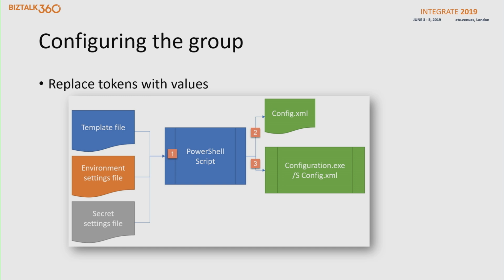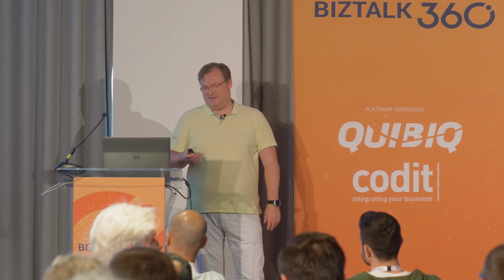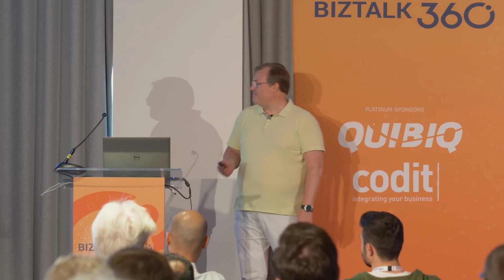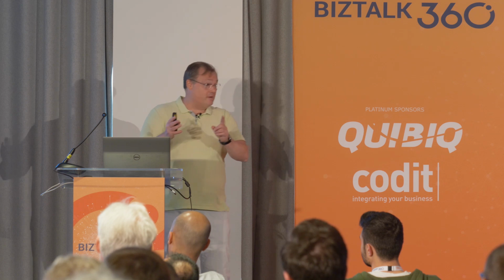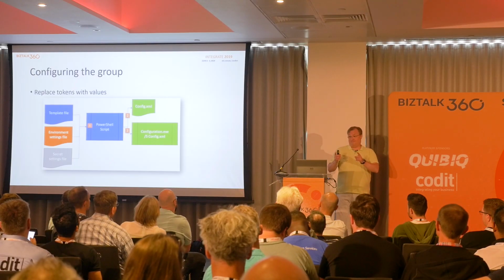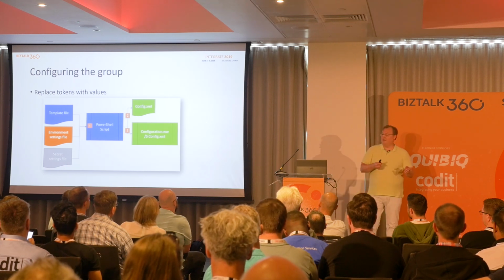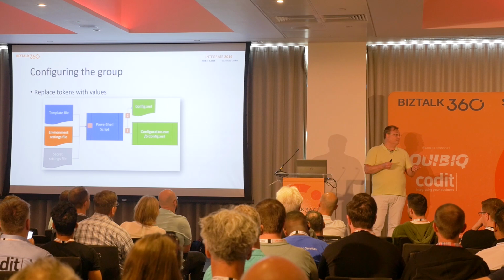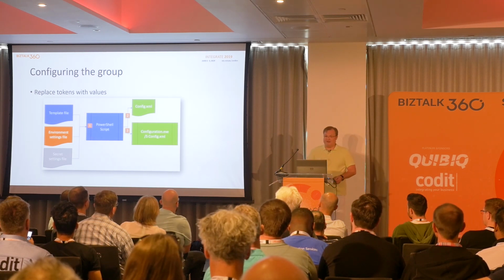I try to, because there is a good PowerShell module to use that. So then you actually don't need to have your passwords. I've seen a lot of TXT files and CSVs and other things with passwords. I take these 3 files and generate one config file that will contain passwords. And you use that to run configuration exe, and 5 minutes later you have a fully configured group. It's quite nice. Remember, there are passwords there, so delete them.